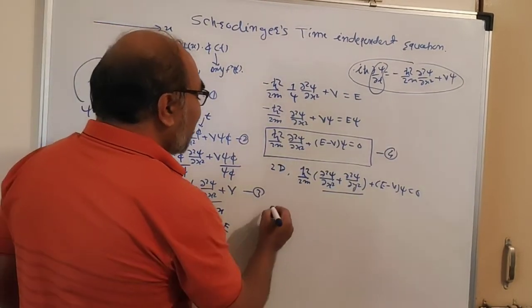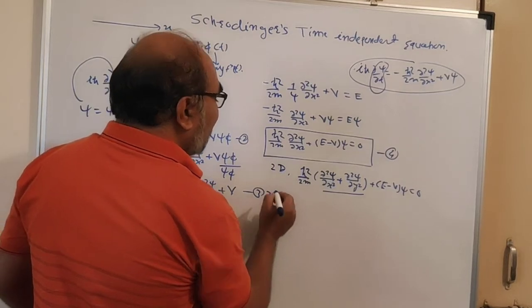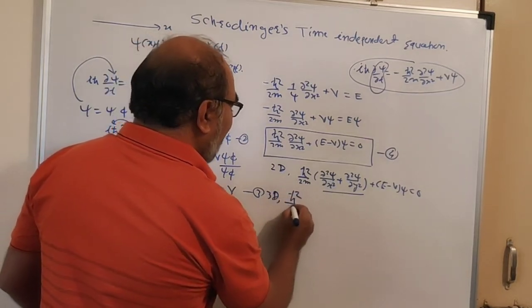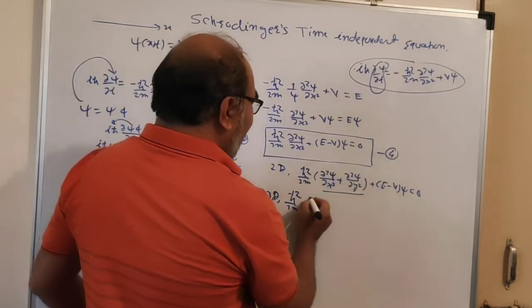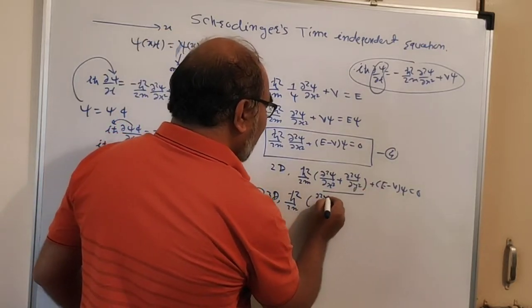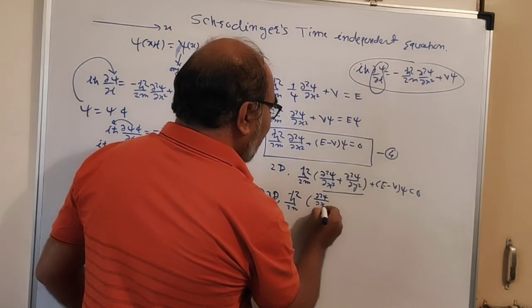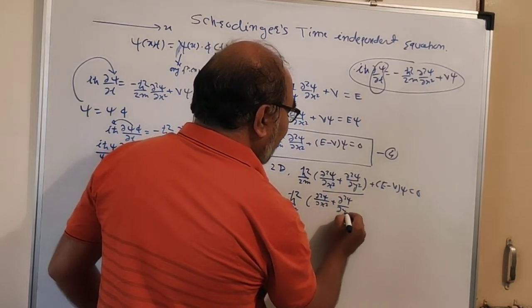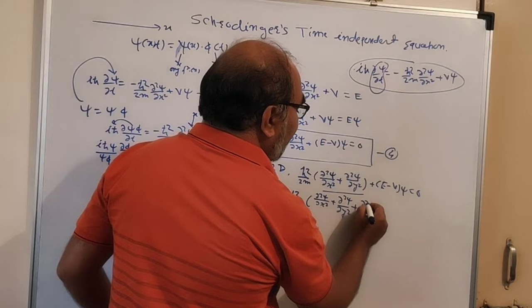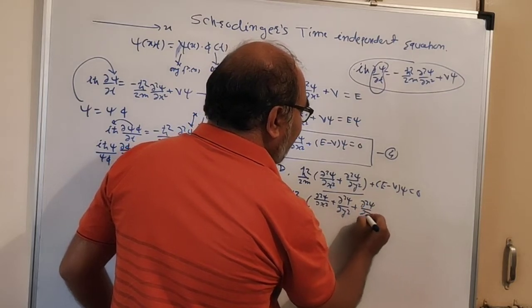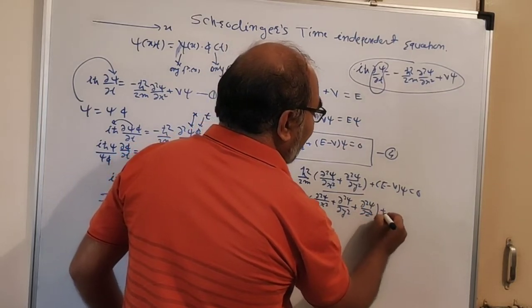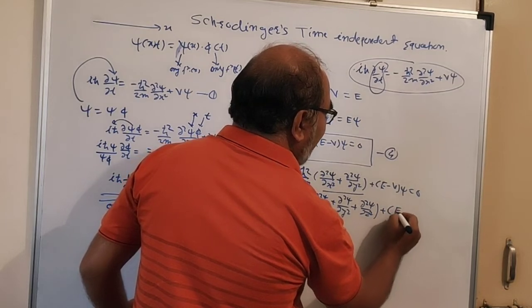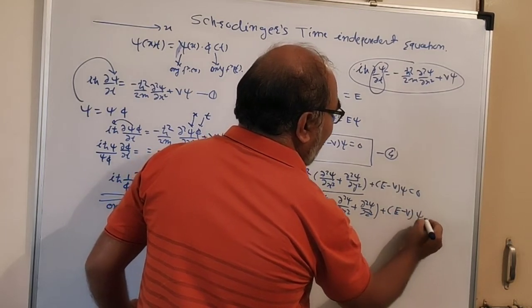Now in three dimensions, what happens? For three dimensions, h bar square upon 2m, one extra term will come here: d2 psi by dou x square plus d2 psi by dou y square, and this is the third term, z, plus (E minus V) psi is equal to 0.